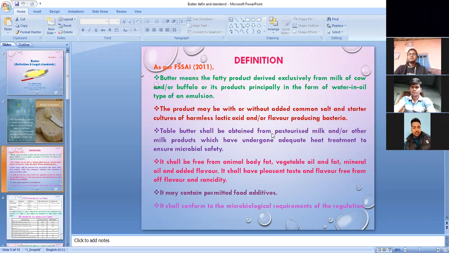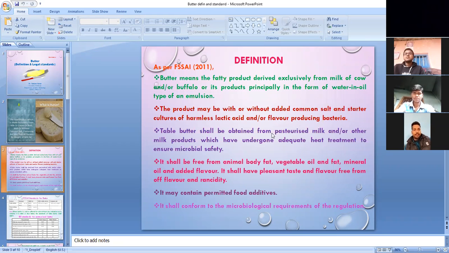If a product contains animal fat, vegetable fat or mineral oils, then we cannot call it butter. Butter means the product containing at least 80% milk fat, not any other fat. So our butter should be free from animal body fat, vegetable fat, mineral oils and added flavors.